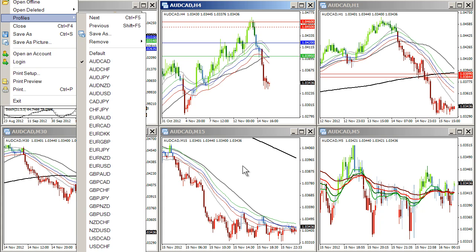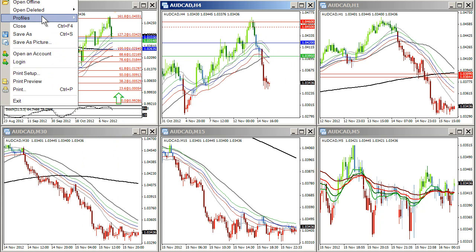Moving on, I'm not saying you need a long list of pairs to consider, but here's a typical error that a lot of new traders make: they may focus on a couple popular pairs.